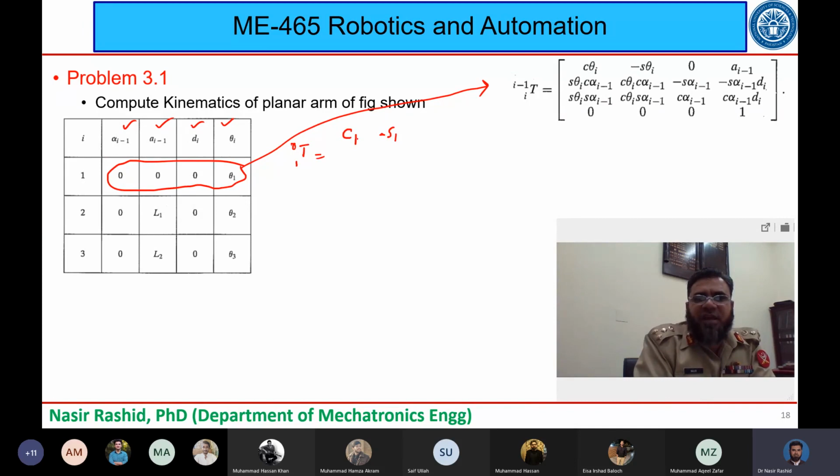This is actually theta 1. c1 means cos theta 1. Let me just write it down here: c1 is equal to cos theta 1, and similarly s1 is equal to sin theta 1.